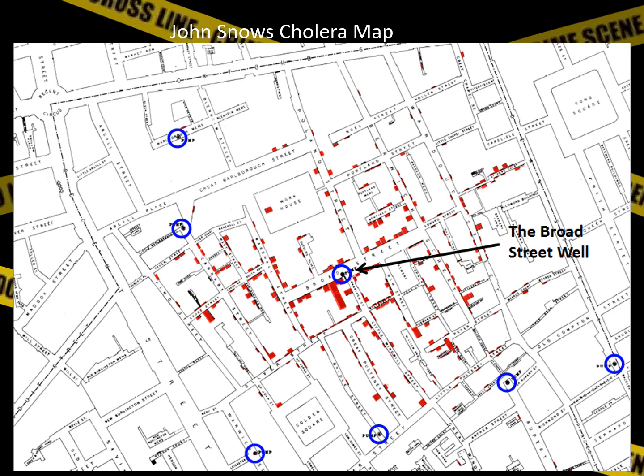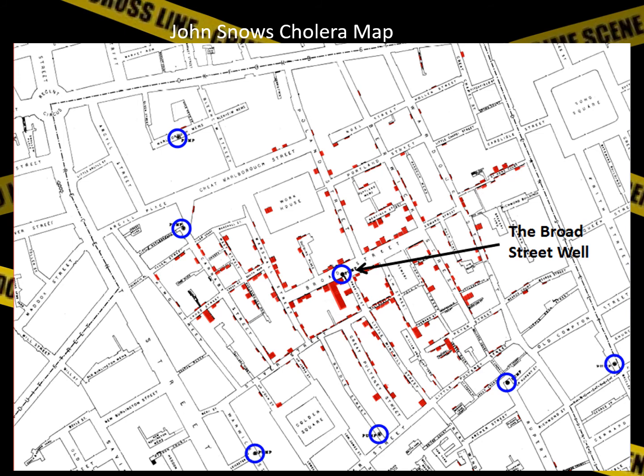This is a copy of his map, which is very similar to the one that we saw as evidence in Elizabeth's murder. You can see on it all of the red bits. Each red bit represents one person who has died of this vomiting and sickness disease, cholera, and each of the blue circles represents a water pump.